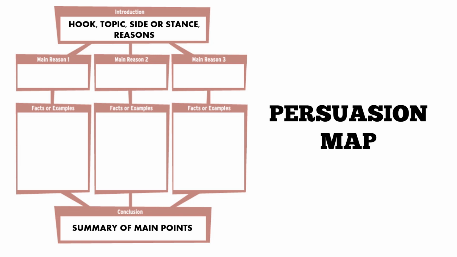On the next paragraph, you'll be stating your main reason number two, and you also need to include facts or examples. Then on the next paragraph, you will be stating your main reason three, which will be supported by facts or examples as well. And finally, in your conclusion, that's where you're going to summarize your main points.